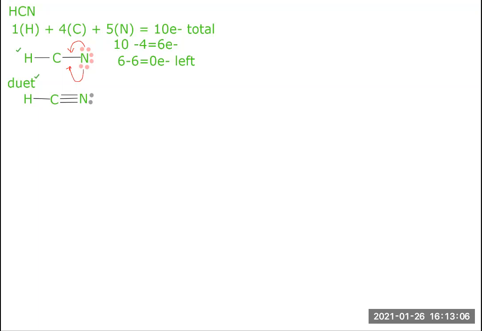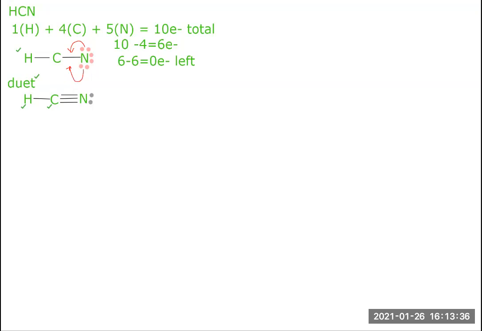6 electrons on the right side of carbon plus 2 from the single bond with hydrogen. That's 8 valence electrons around carbon. So here we have an octet. And we already said we have a duet for hydrogen. And then nitrogen, again, 6 electrons between the nitrogen and the carbon, because these are shared between carbon and nitrogen, so they count for both the carbon and the nitrogen.